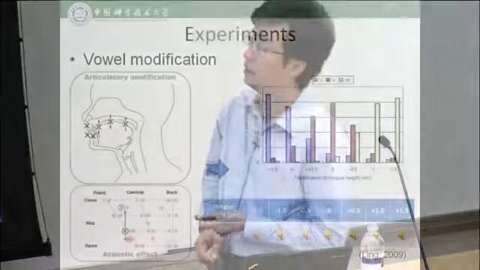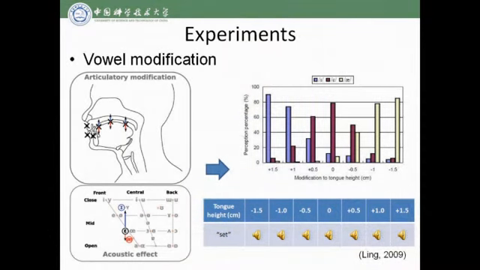And the second example is the vowel modification. In this experiment, our phonetic knowledge is the place of articulation for different vowels. We can look at this table here. There are some vowels in English, for example, the vowel A, vowel E, or vowel A. The most significant difference among these vowels is their tongue height.